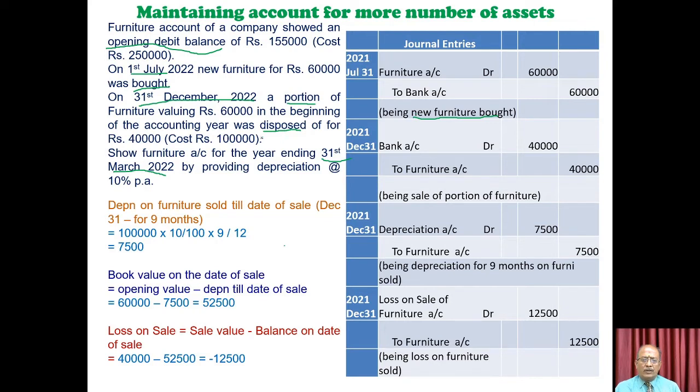Asset is disposed of. So for sale we have 3 journal entries. One for sales, another for depreciation, and the third one for profit, or here in this case we have a loss. So 3 journal entries as usual, how we had discussed in the previous videos. Here the entries are made. Okay, now we will go.